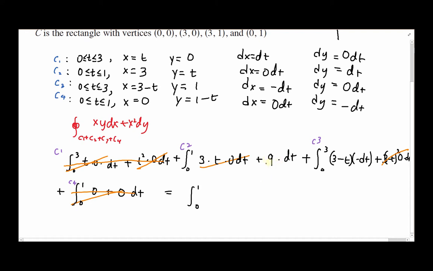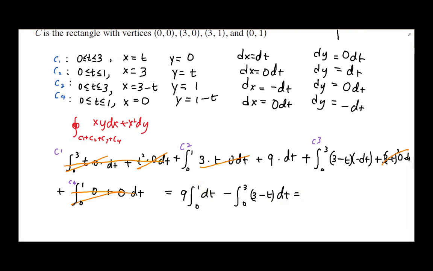For the constant, I can move it in front of the integral sign, and I have that, plus, I can put a negative in front because of the negative dt. So put the minus sign, 3 minus t, dt.